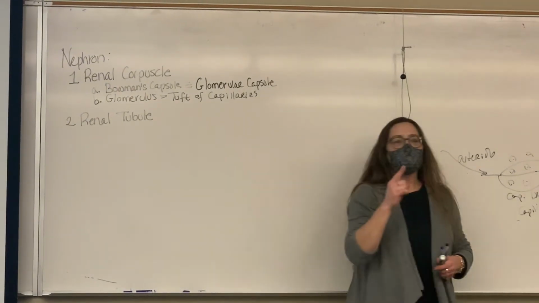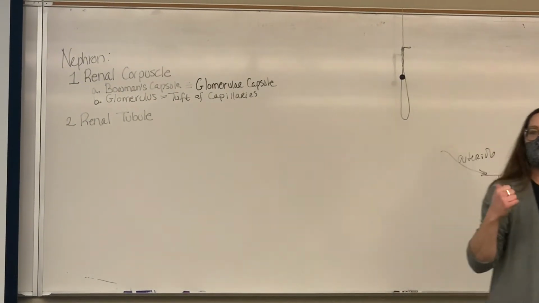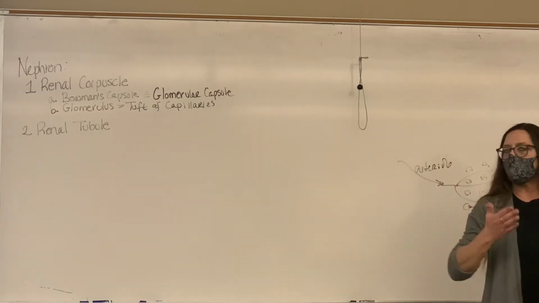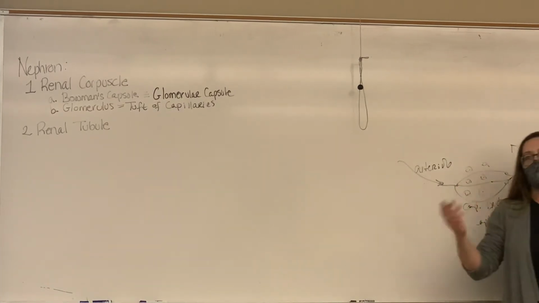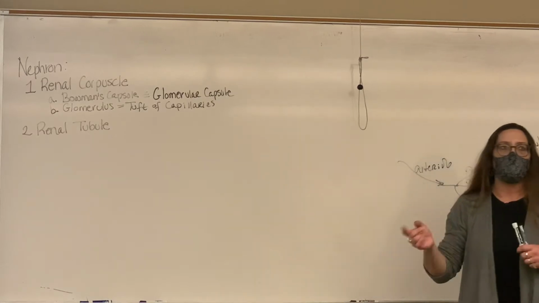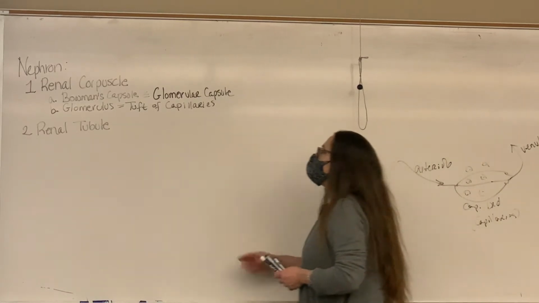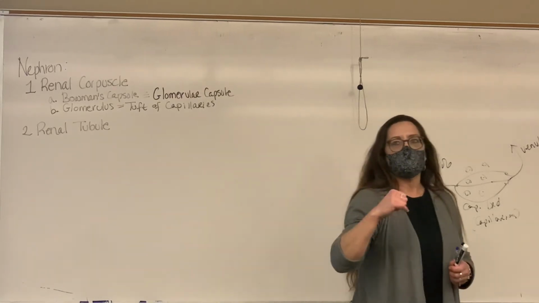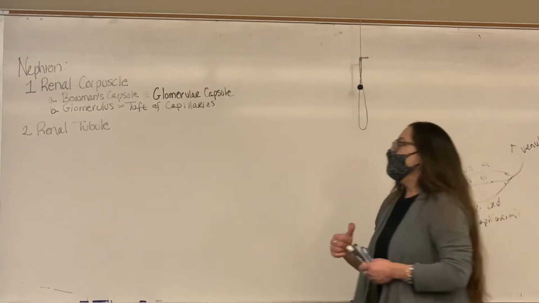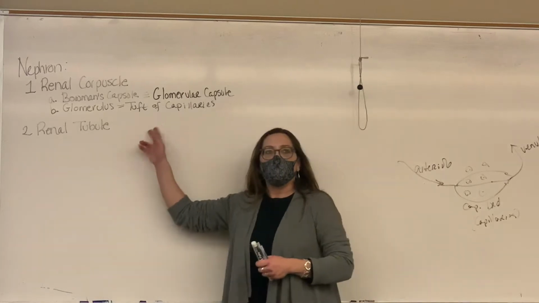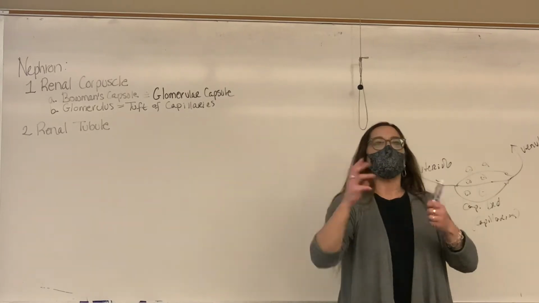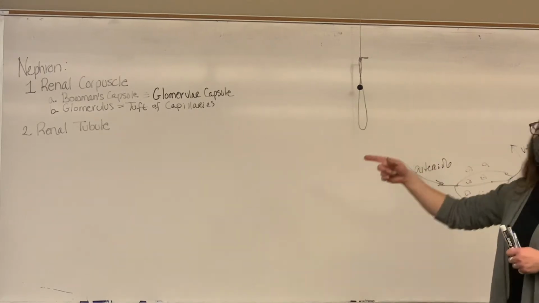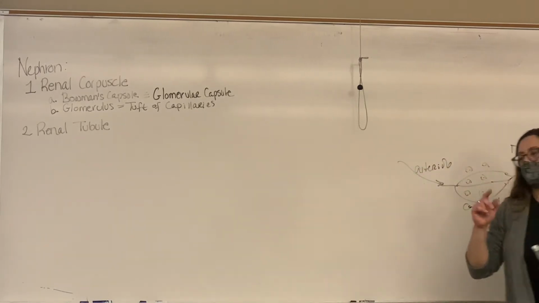That should make sense because remember, what the kidney has to do is filter blood. And only at the level of a capillary can water and solutes come in and out of the blood. So it's a pretty good bet that this is where we're going to first filter the blood, at these capillaries. Fortunately, we've got this hollow ball that can collect anything that comes out of the blood. Anything that gets filtered out can collect in that hollow ball right there.